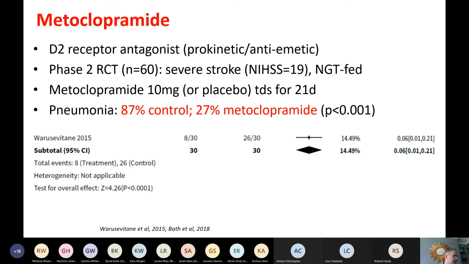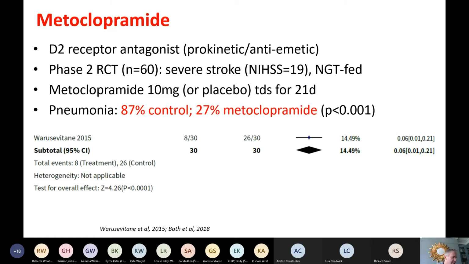You can see here in the control group there was a very high prevalence of pneumonia, as you would expect in this sort of group, and there was quite an impressive reduction in pneumonia. It didn't get rid of pneumonia altogether, of course, but there was a very significant reduction. So metoclopramide is certainly in the offing as a potential means of preventing SAP for further evaluation.